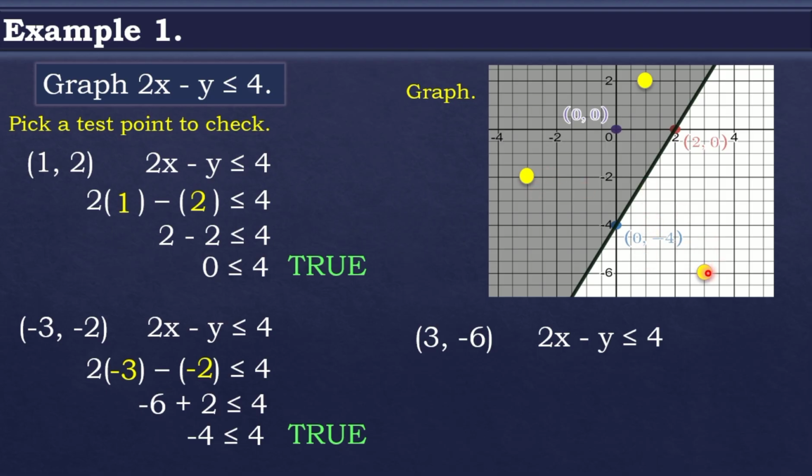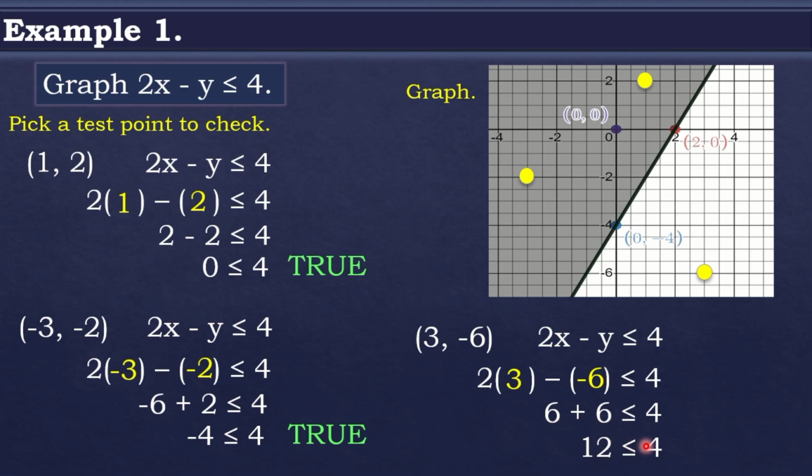Ibig sabihin, hindi siya part ng solution. Okay? So, let's substitute 3 and negative 6. So, this is 2 times 3. This is positive 6. And then, negative, negative, positive 6 din. So, 6 plus 6, that is 12. Is 12 less than or equal to 4? No. Because 12 is greater than 4. So, this is false. Okay.